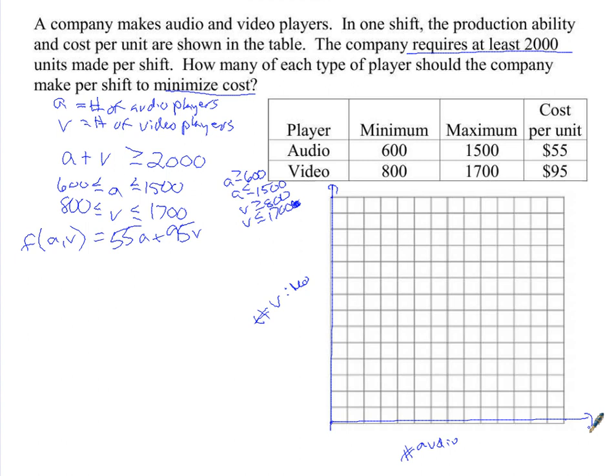We got to come up with what now? Need a scale. Let's take care of the scale for audio. We know for sure for audio we got to make it all the way to 1500. If we look at this one right here, we have an audio intercept of 2000. So it's probably going to make sense to make it all the way to 2000 for our audio axis.